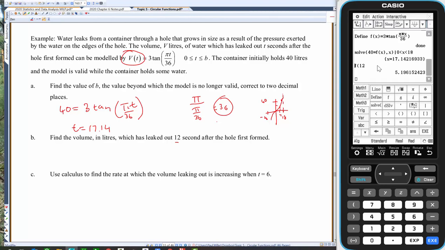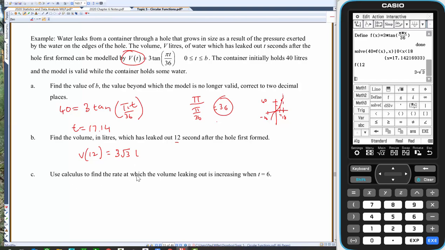There's no decimal recommendation on that. There you go. So V of 12 equals 3 root 3. So that problem there is easily doable without the calculator. So try that yourself. V of 12 is 3 root 3 litres has leaked out.